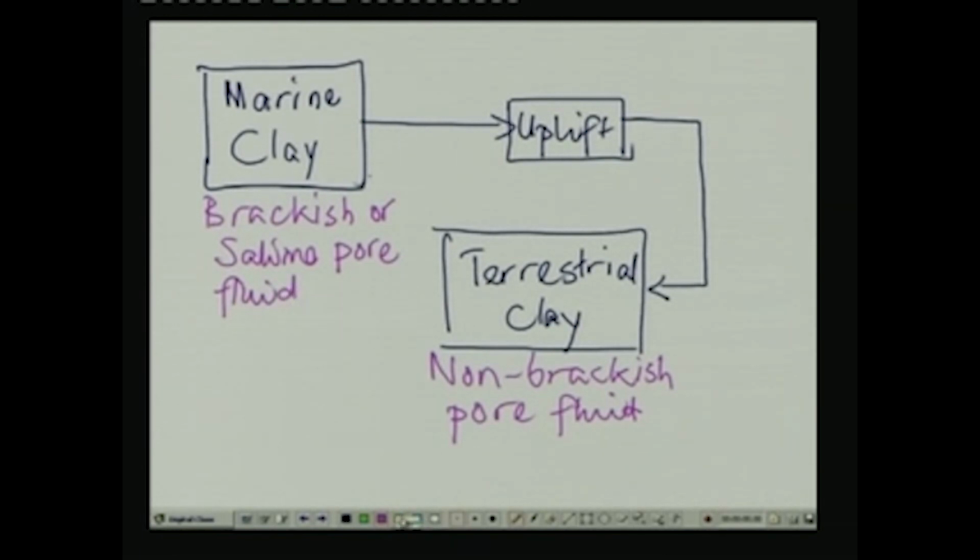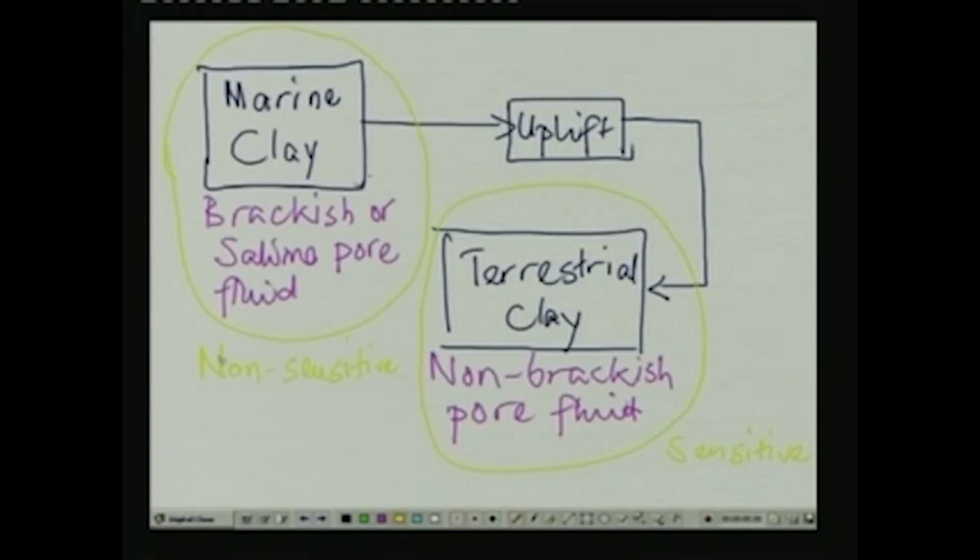This particular clay could be non-sensitive to begin with, but because of the leaching of the saline pore water by fresh groundwater that infiltrates the clay mass, a sensitive structure could develop within the soil.